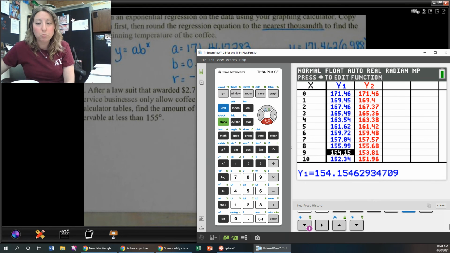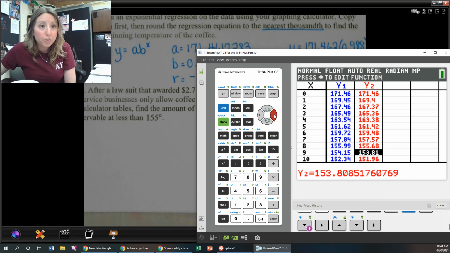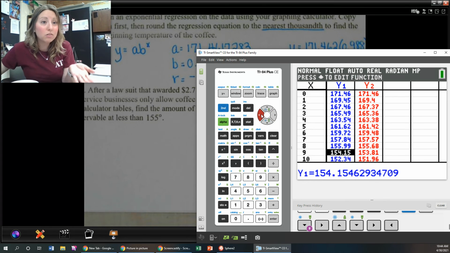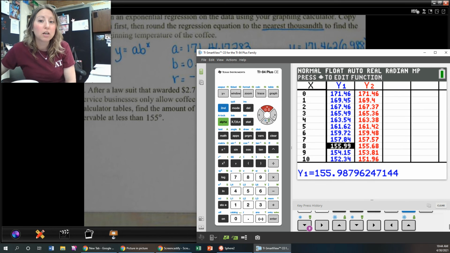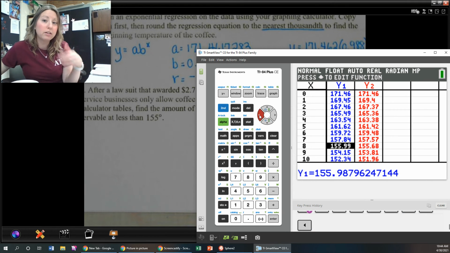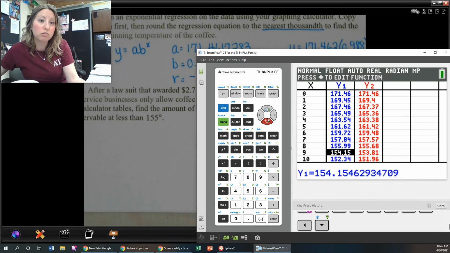So at 9 minutes, we see that for both of our regressions, both our original and our rounded one. That's awesome. That doesn't normally happen. Sometimes the rounded one does give us different information. And if you look at 8 minutes, one is saying 155.9 and the other is saying 155.6. So they are slightly different, and depending on where I would need to round or what value I'm looking for, I might have a different answer to this question.